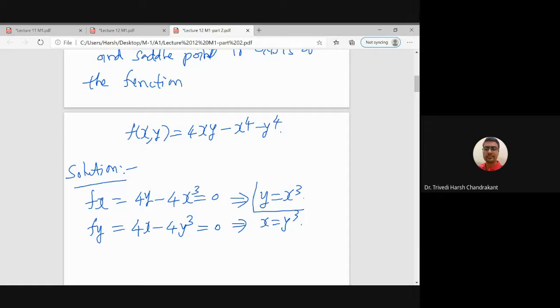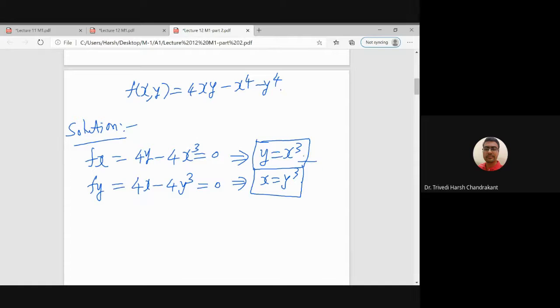Alright, so we need to find all the possible values of x, y which satisfy these two equations. This is the first equation, this is the second equation.